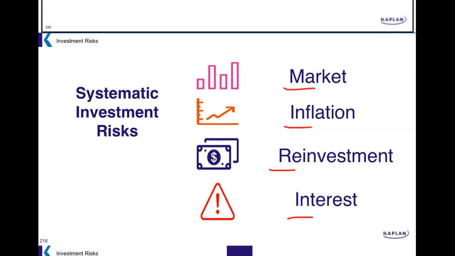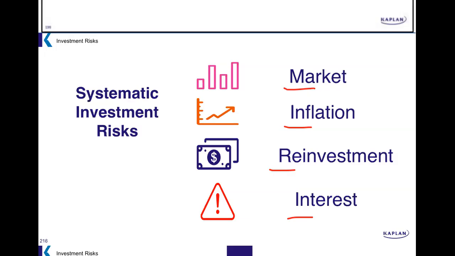That's systematic risks, guys. Systematic risk is any time that we can't avoid a risk. Market risk is the up and down, of course, is going to happen. It has to. Inflation, also known as purchasing power risk, we don't get to make a decision on when inflation goes up or down. So we can't diversify away from it.